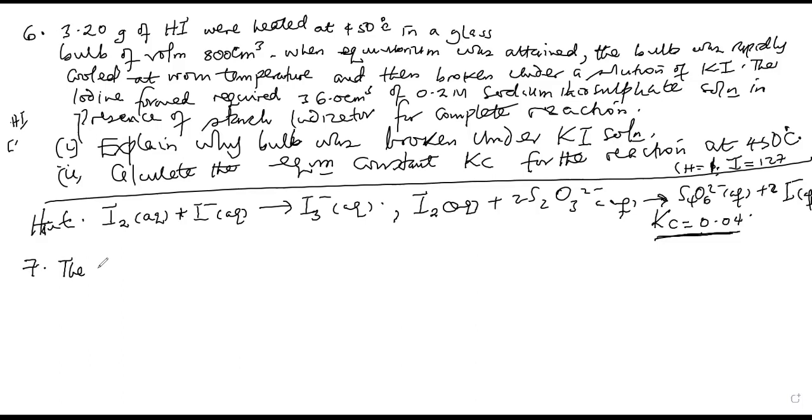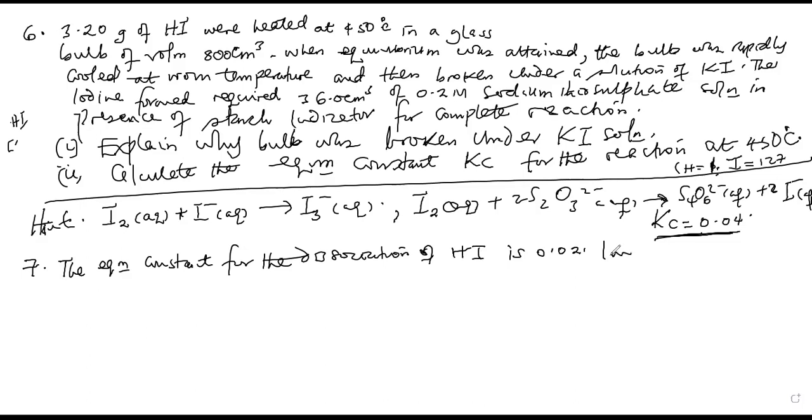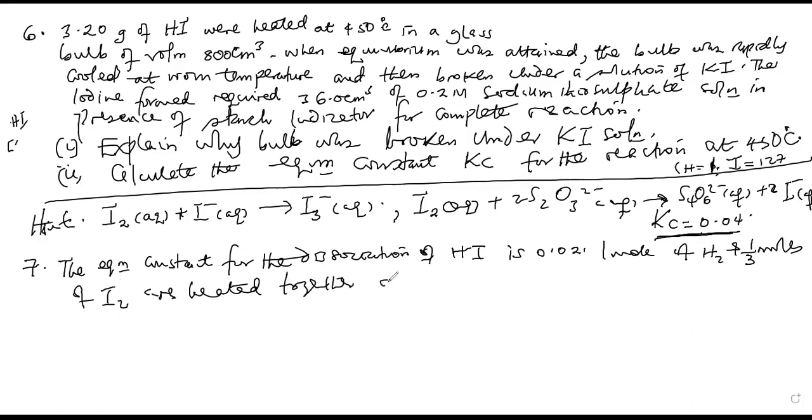The equilibrium constant for the dissociation of hydrogen iodide is 0.02. 1 mole of hydrogen and a third moles of iodine are heated together at 450 degrees Celsius.